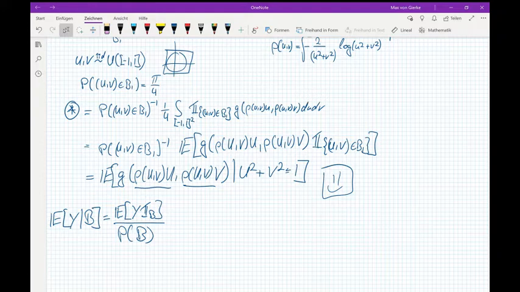Okay, so we are done with problem 2. Problem 3. This was some measure theoretical stuff. Well, at least it went into the direction of measure theory a bit.